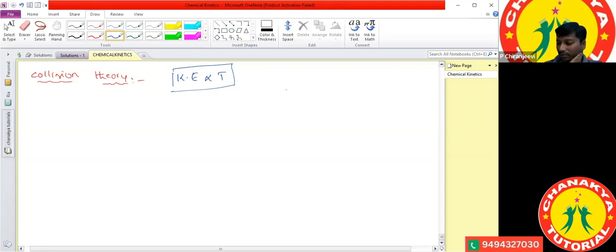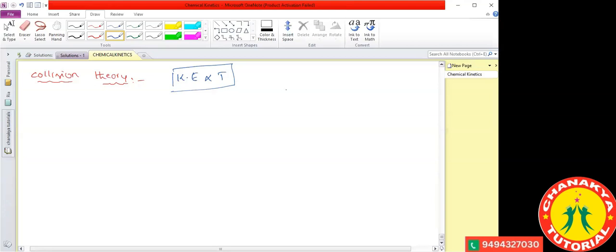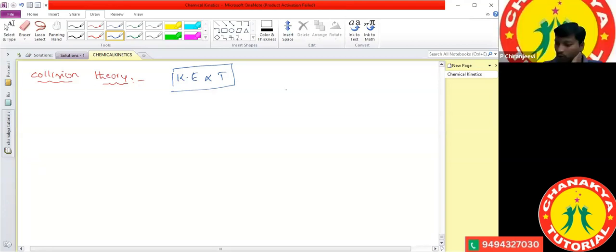Sai Akshit, which gas can we call an ideal gas? When it follows PV = nRT. Very good.